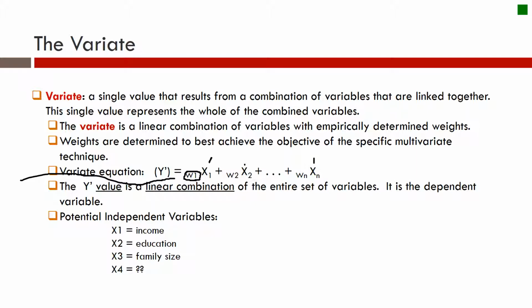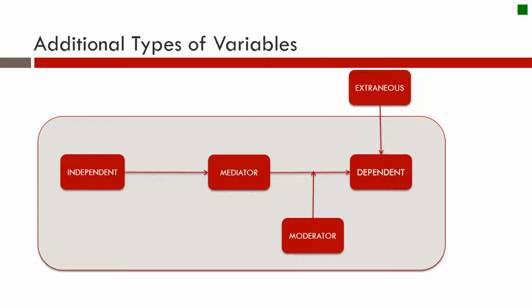That series of independent variables creates the variate that goes together into an equation. So this is the variate that we refer to. It's a term you should be aware of. When I talk about the variate, I'm talking about the system of variables, or a formula, or a model that represents something of interest.